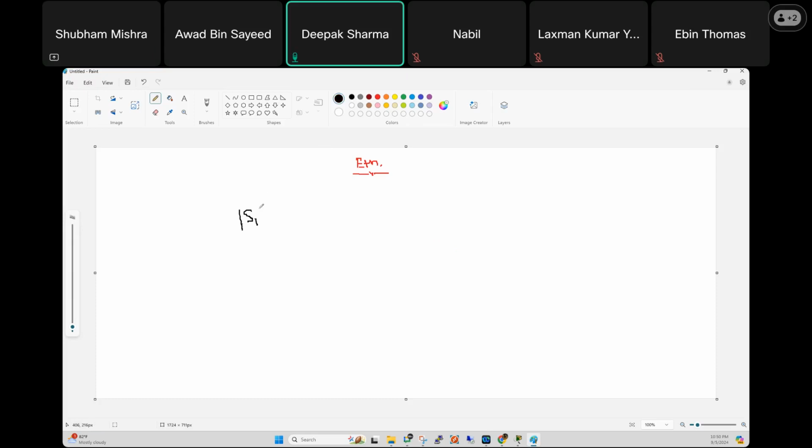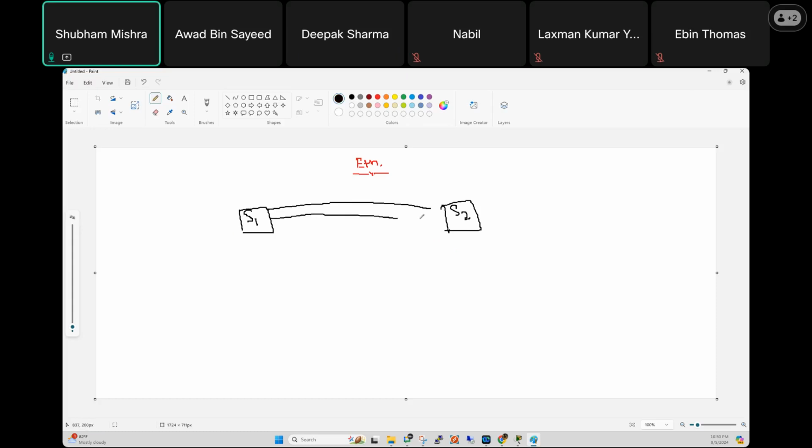See here. For example, if we have switch number 1 and switch number 2, and let's suppose there are multiple links between switch number 1 and switch number 2. This is quite frequent in the real environment also.